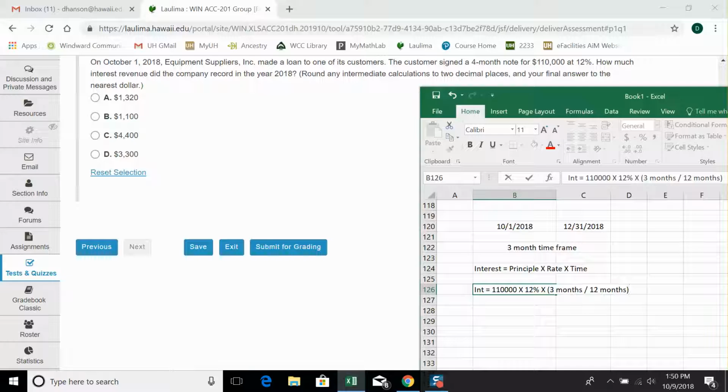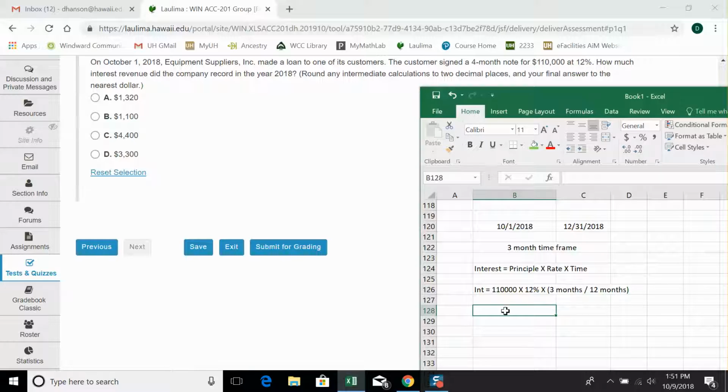Okay, and the reason I'm using 12 months is because that 12% rate is an annual percentage rate. So we actually have to take a fraction of a year because only 3 months have gone by. Even though it's a 4-month note, they didn't say 12% per month or 12% for a 4-month time frame. That really means that that's 12% per year.